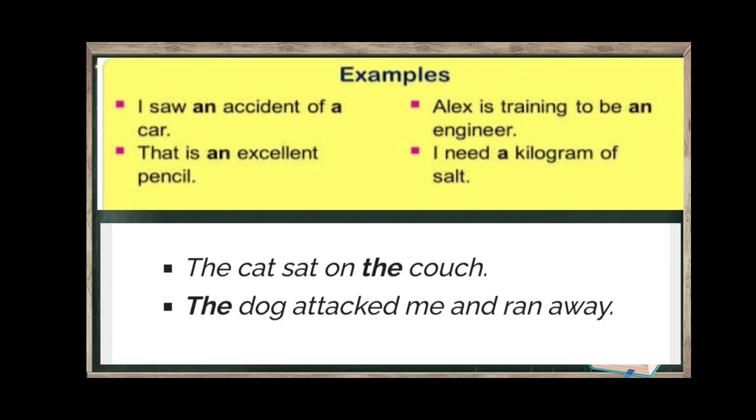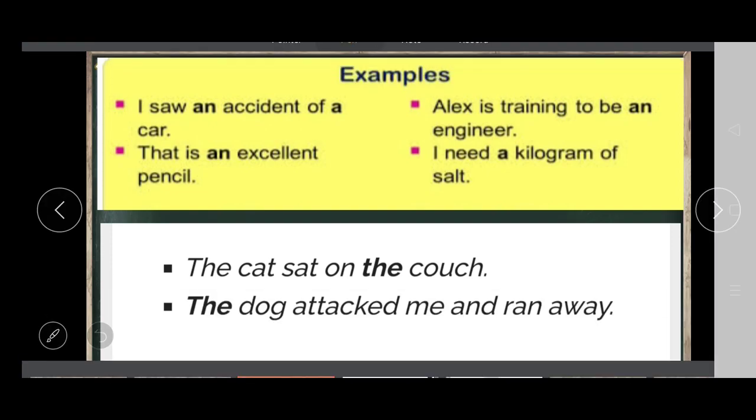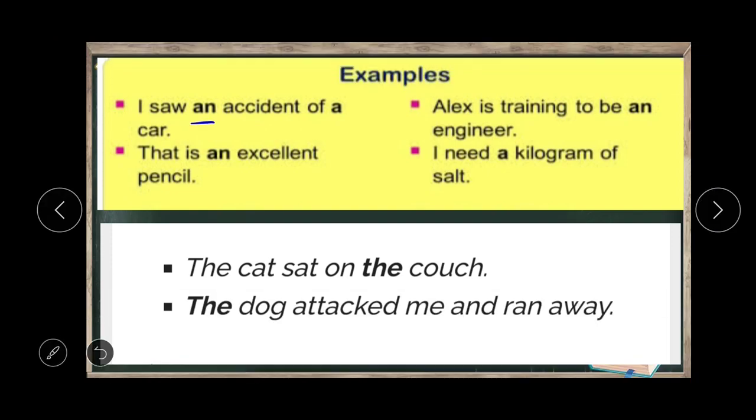So, in these 6 sentences, students, you can see that some of the words are written in bold letters. They are an, a, and the. And students, you can see that these words, let me just highlight this for your understanding. Here an, a, then these, then this, and this.